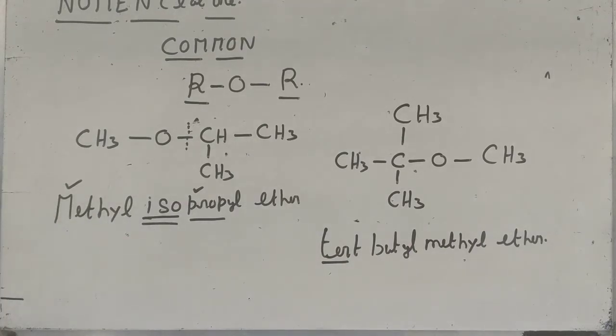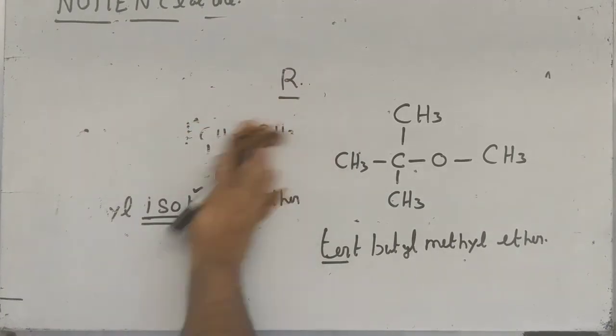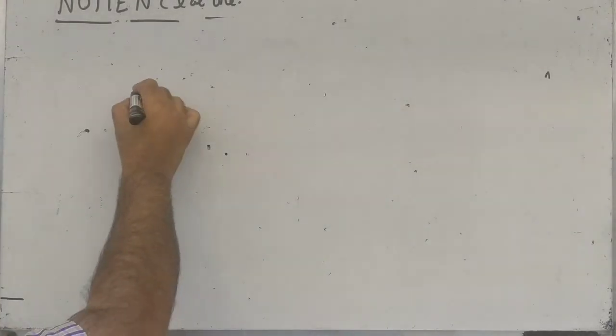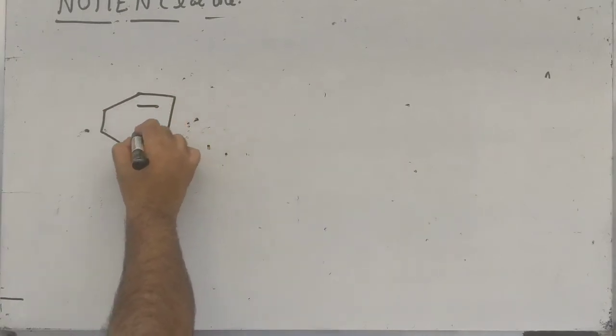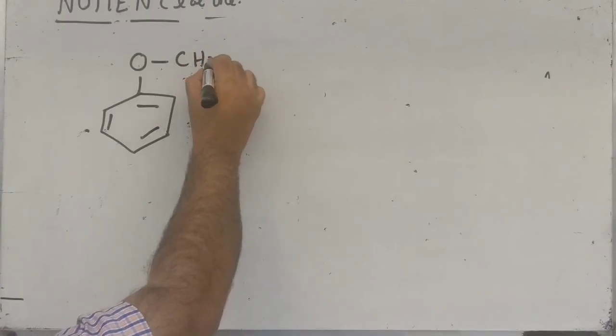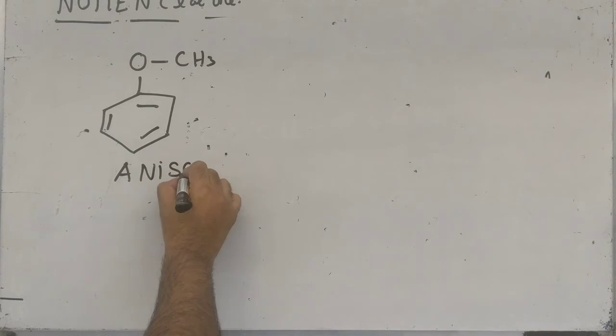Let us see some aromatic ethers, the ones having the benzene ring. The simplest member we have is benzene with OCH3. Benzene with OCH3 is commonly called anisole.